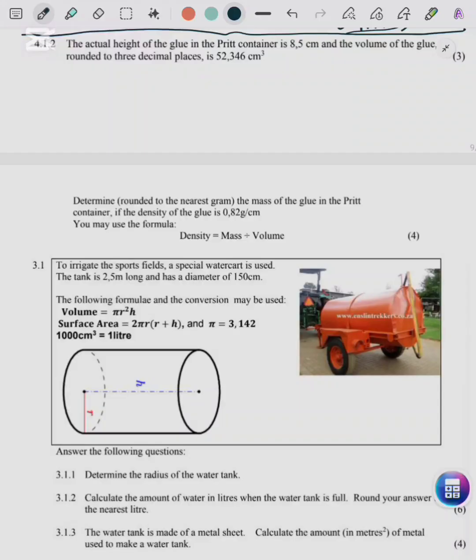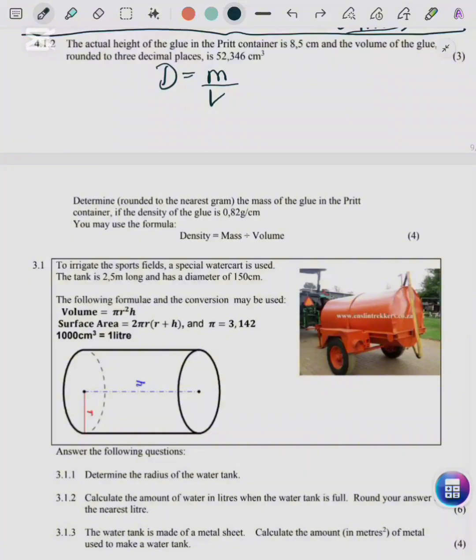So, you're given a formula. First thing you want to do, fill in everything you know about the formula. So I'm going to do that in my space over here. I've been told density is equal to mass over volume. Currently, I know that the volume of the glue is going to be, let me do this a bit neater here.